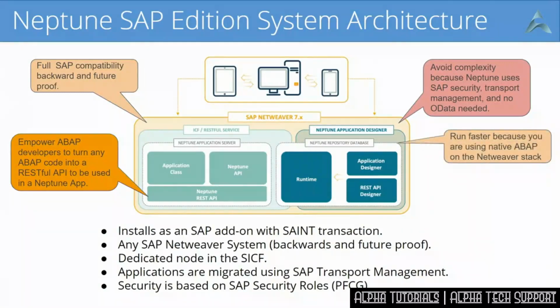Last thing, it runs faster because you are using the native ABAP on top of the NetWeaver stack. You don't have to go through the OData. So just the latency time that you sometimes see with Fiori when the front end is trying to communicate with the back end, that goes away.